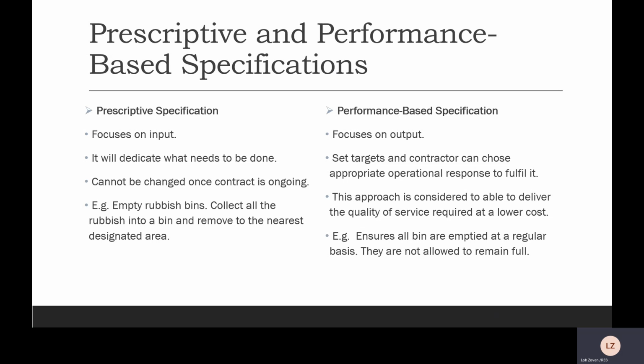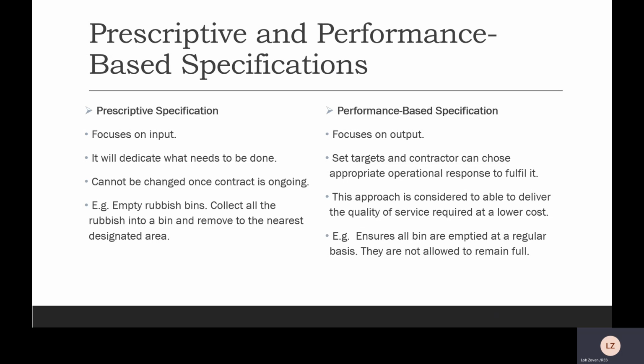So the example is to ensure all bins are emptied on a regular basis. Okay, to make this simpler, on the left it shows empty rubbish bin, collect all the rubbish into a bin and remove to the nearest designated area.